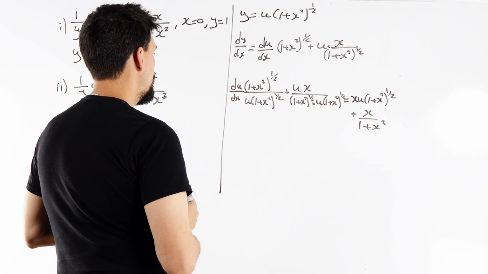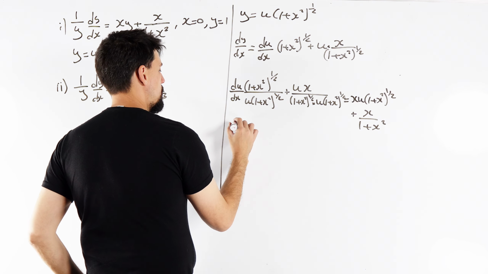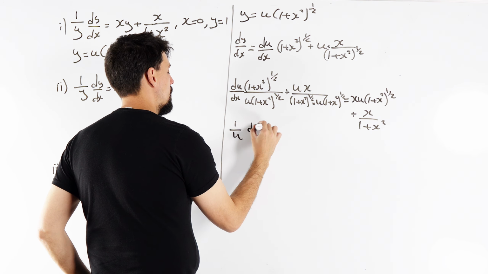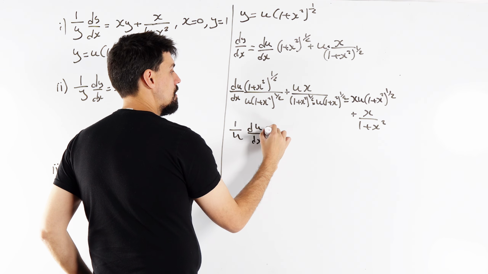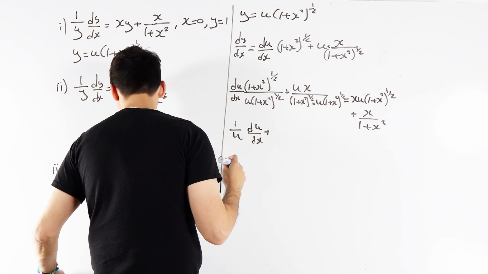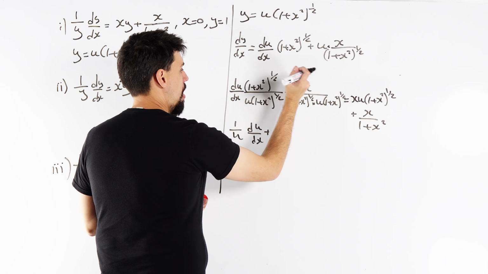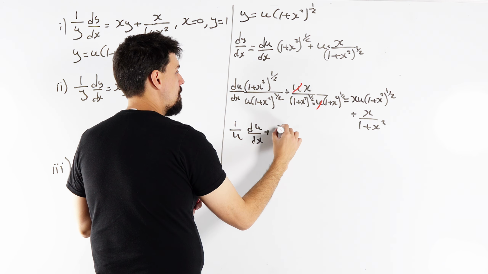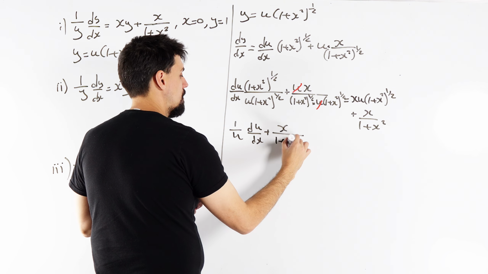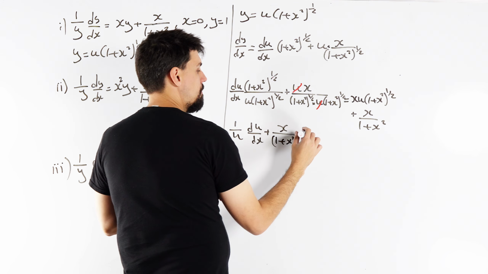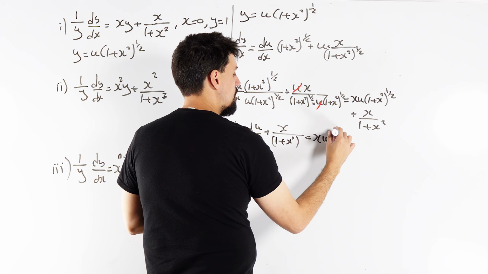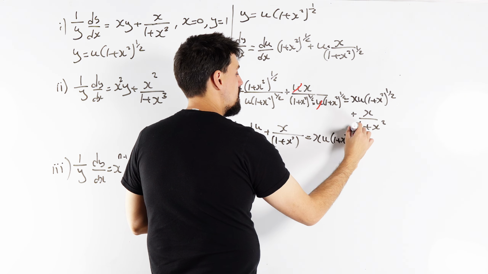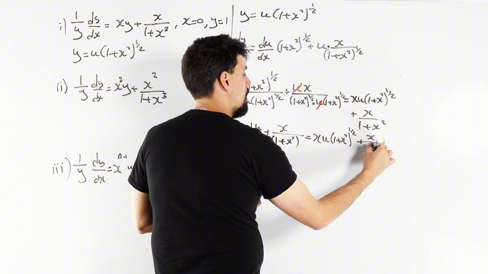Now the really cool thing to note here is what this becomes. That is 1 over u du/dx plus, now the u's cancel out here, (1 plus x squared) to the half times (1 plus x squared) to the half is x over 1 plus x squared. That is equal to xu (1 plus x squared) to the half plus.